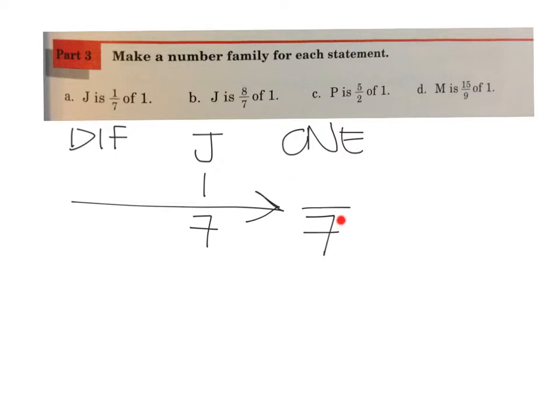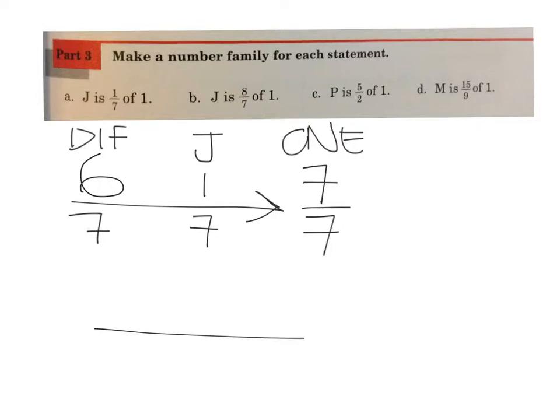And if I know that this is equal to 1, I'm going to make it 7/7. I know that my bottom number here has to be 7, and then I work the top just like a regular number family. So 7 minus 1 is 6. So I know that the difference between J and 1 is 6/7. All right? The same thing for B.